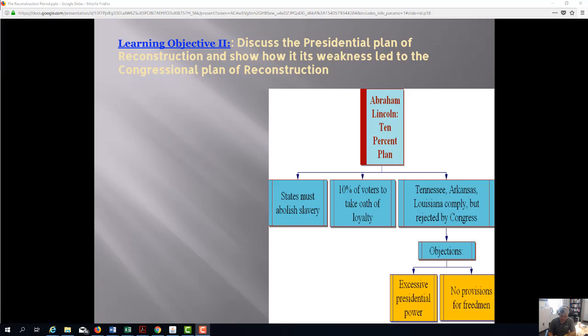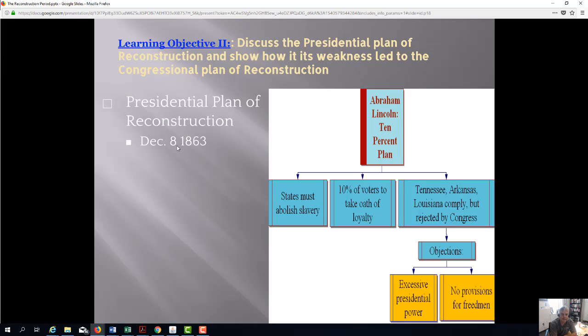The objections were, one, excessive presidential power, and really no real provisions for newly freed people. Yes, slavery is abolished, but what does it really mean to be free if you have no land, you have really no skills, you aren't educated, and you are living within a society that despises you, mistrusts you, and is very apt at being violent at you? Again, referring to the former slaves.